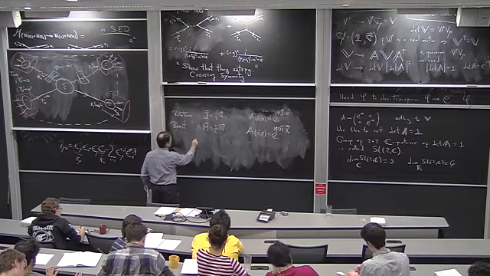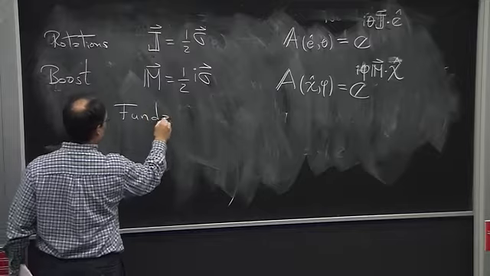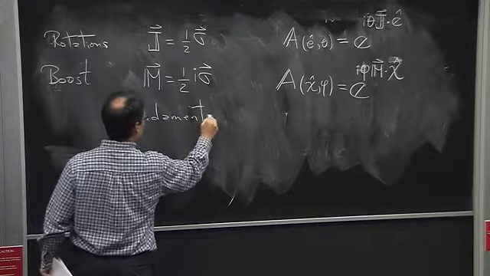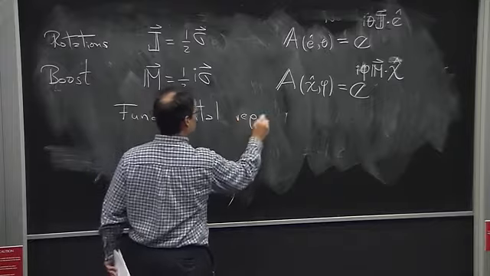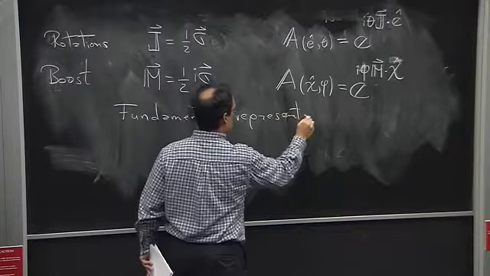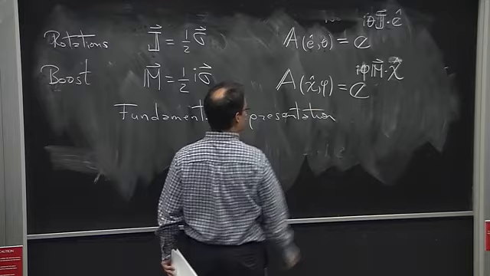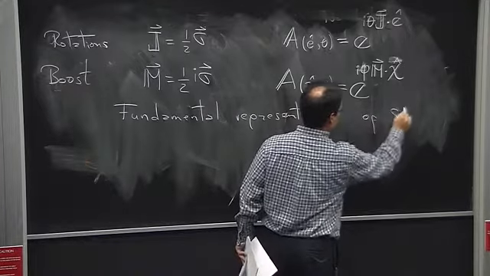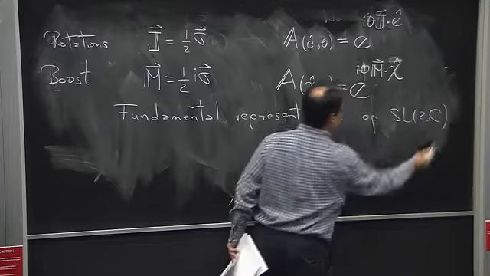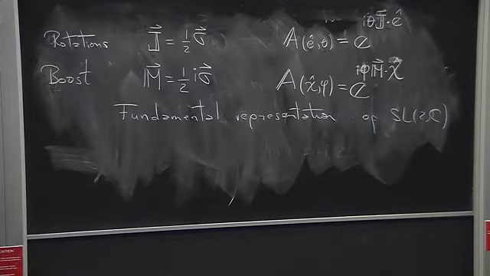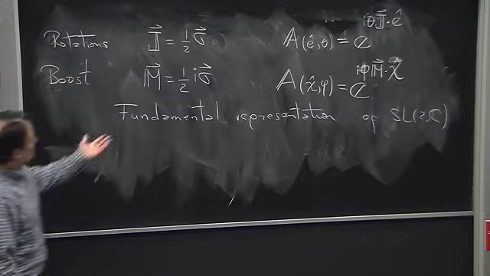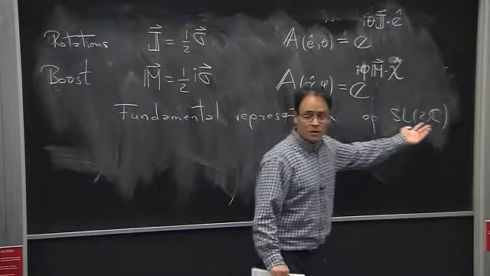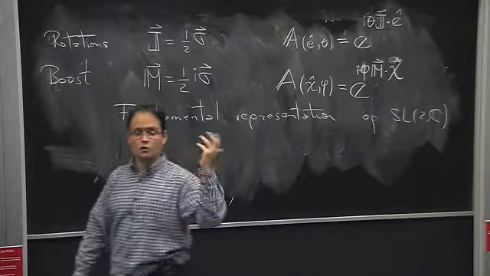Well, just let me tell you that this is called the fundamental representation of SL(2,C). Okay. It's a representation because it allows you to study the group as being represented as 2 by 2 matrices.